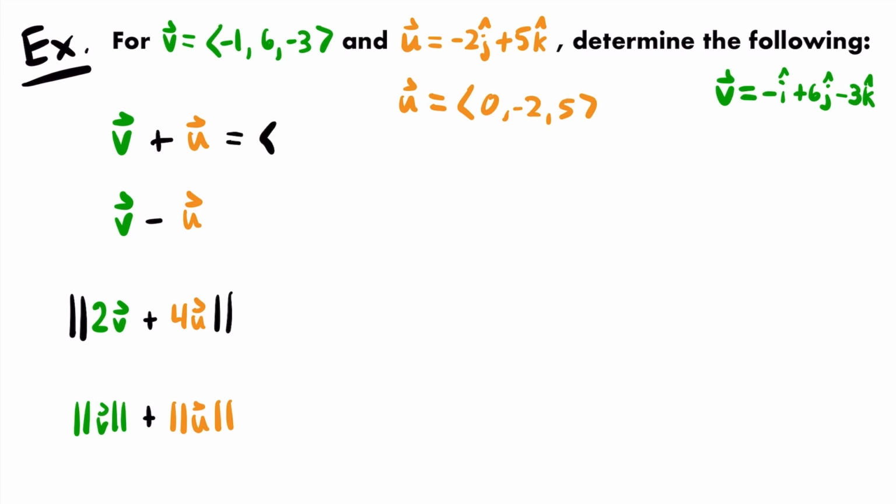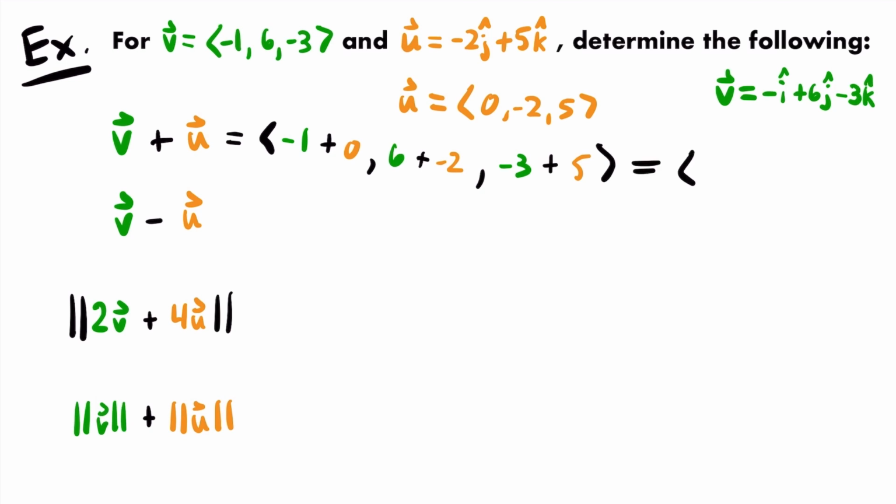Our resultant vector will have an x component of -1 plus 0, then a y component of 6 plus -2, and then our z component will be -3 plus 5.